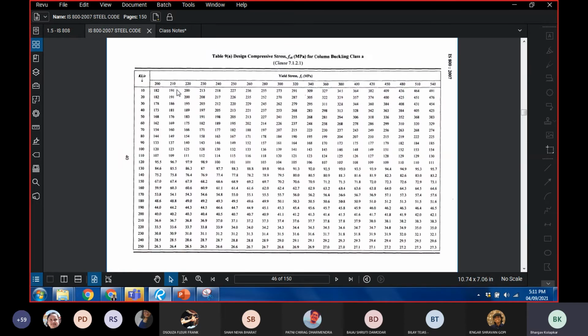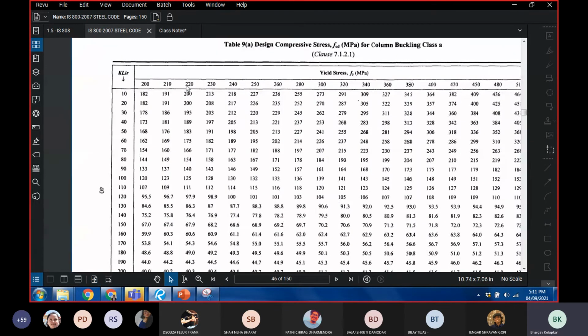This table does not give a value for 23.76, so that is something we'll have to do ourselves. We look at the values between 20 and 30. For 20, the corresponding value is 226. For 30, the corresponding value is 220. So our value lies somewhere in between, and let us try to find out what it is.